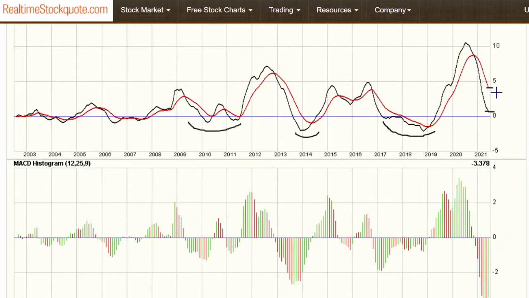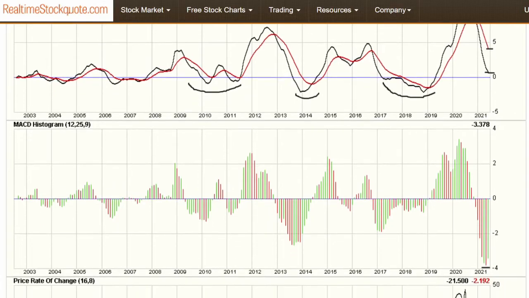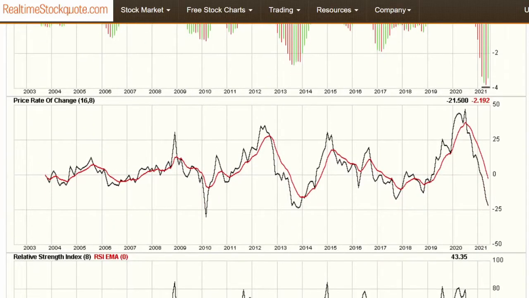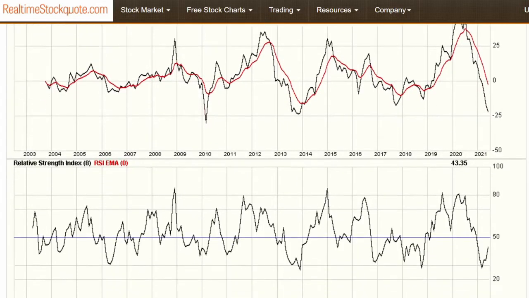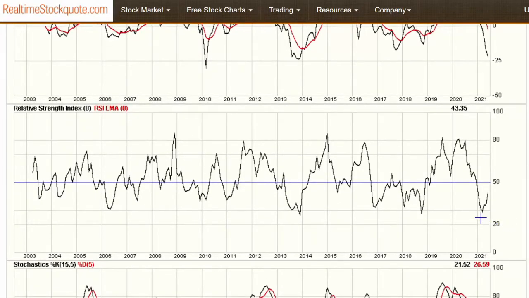I'd like to see a bottoming here and then that gap to close. And that will give you a better idea of how it's trading. Price rate of change looks good there. And the relative strength actually indicates a bottoming there, perhaps a bottom. That spike came down about as low as that, say back here, but no other point in time.